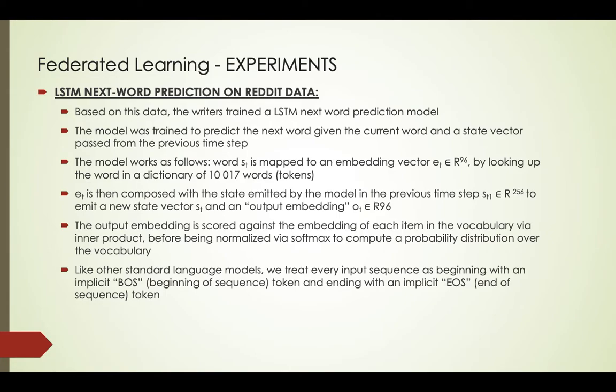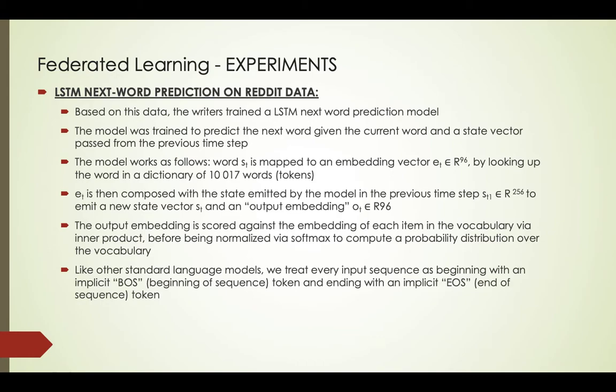The model works as follows. Word ST is mapped to an embedding vector ET, which is part of R96, by looking up the word in a dictionary of 10,017 words.